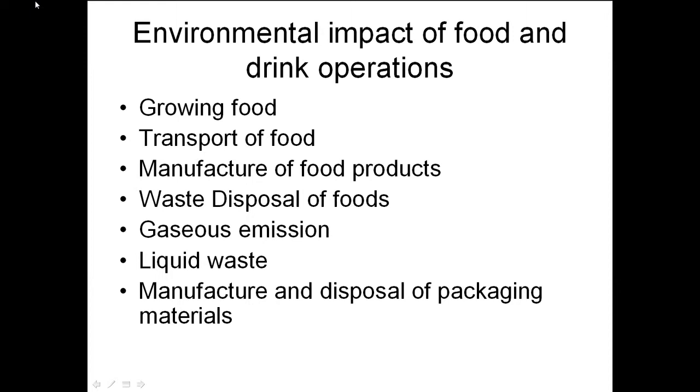So if things go wrong, I've heard in Coca-Cola, if a line goes wrong, suddenly all these cans of Coke or whatever fly out. The amount of waste that's produced is phenomenal, including the liquid waste and broken cans and so on. So anyway, that's where you get an environmental impact of the food and drink operations.